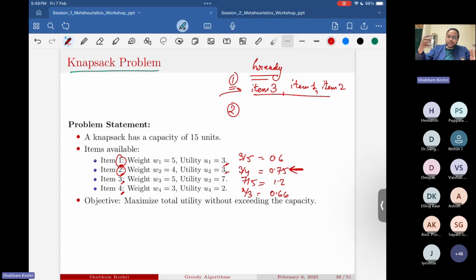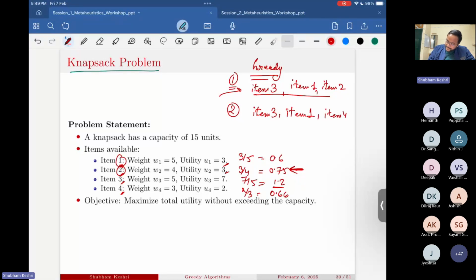Because it has more utility per unit weight, because it gives a utility of 3 but only takes a capacity of 4. So item 2 is better than item 1, right? So this is another approach. Pick the item with the highest utility per unit weight. So according to this approach, you pick item 3 first, then item 2, and then item 4.